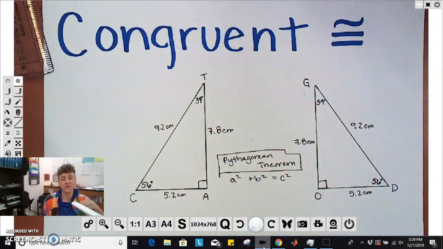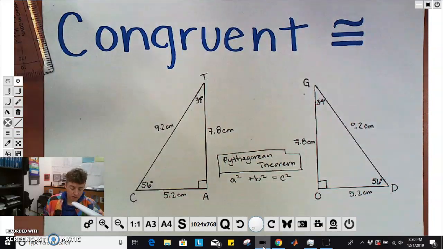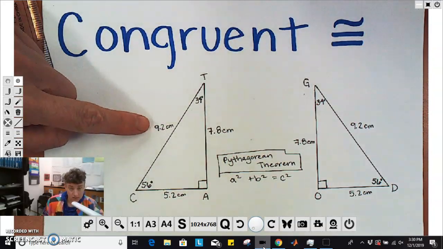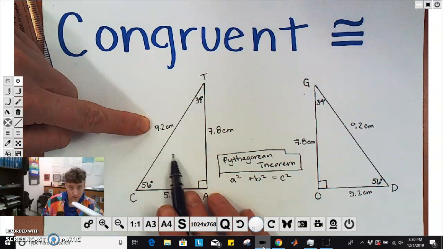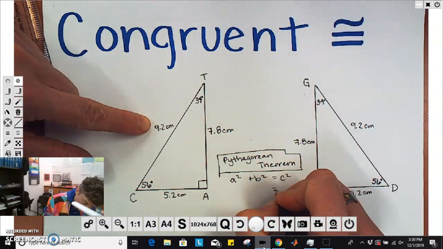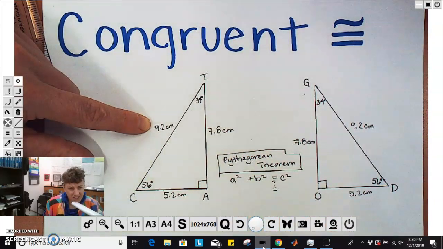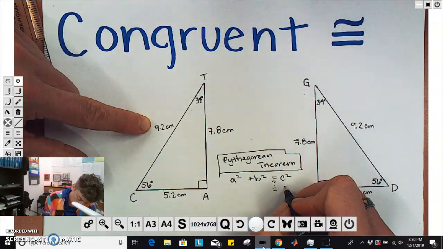So just for funsies while we're here, let's test it out. Now we know c squared must be the longest side, directly across from the right angle. So we're testing this, so we're saying, are they equal? Is the equality true?